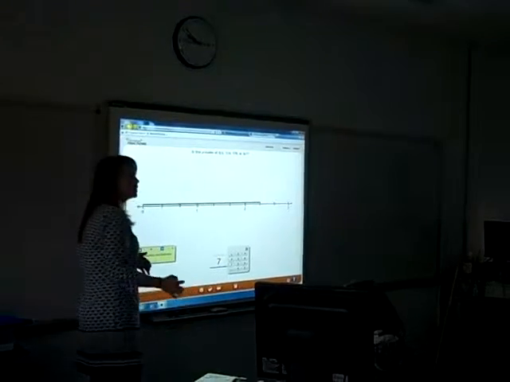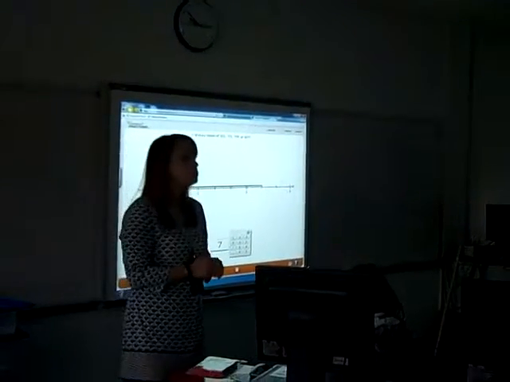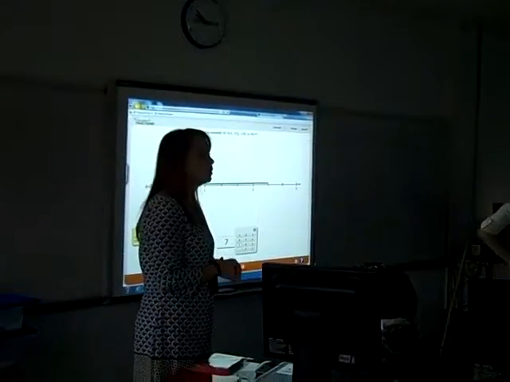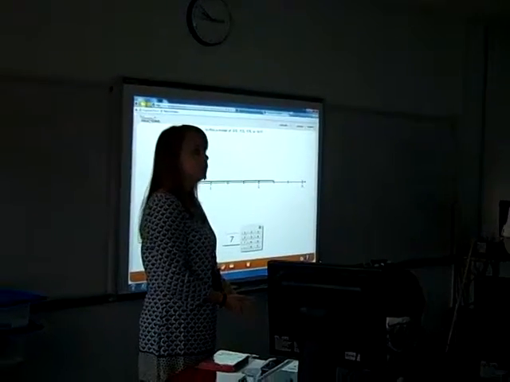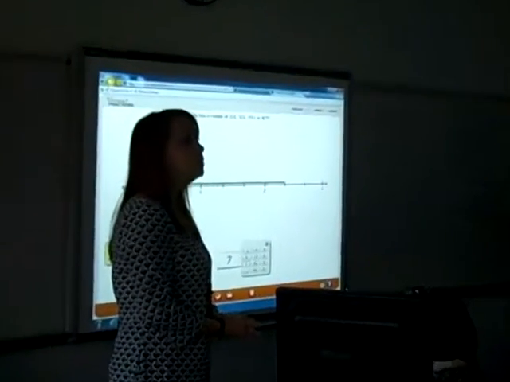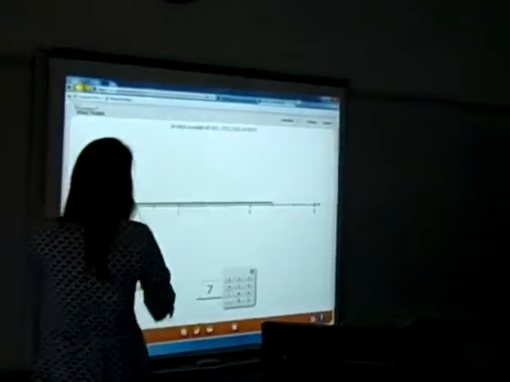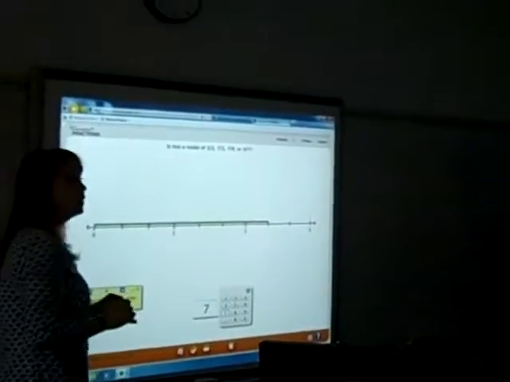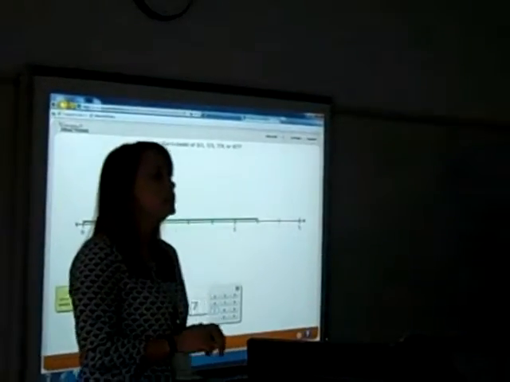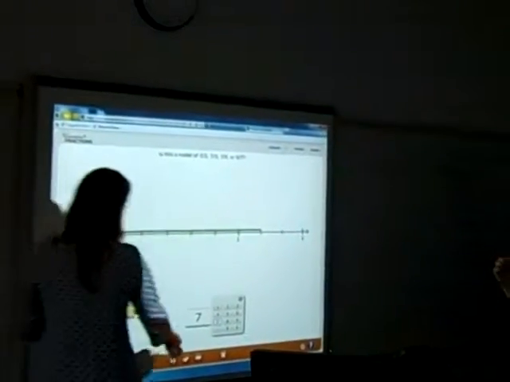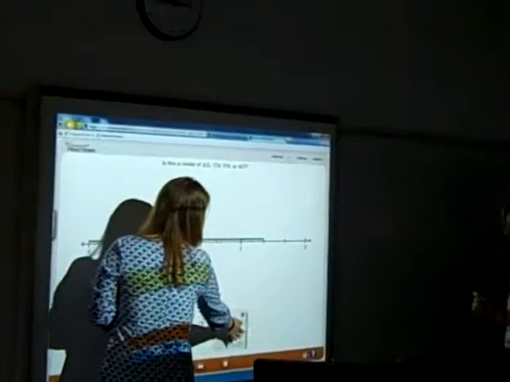And my denominator is going to be what? Is Amber the only one in the whole class that knows what my denominator is? What is your denominator going to be? 3. Because from 0 to 1, like Hunter said, it is divided into 3 equal parts.